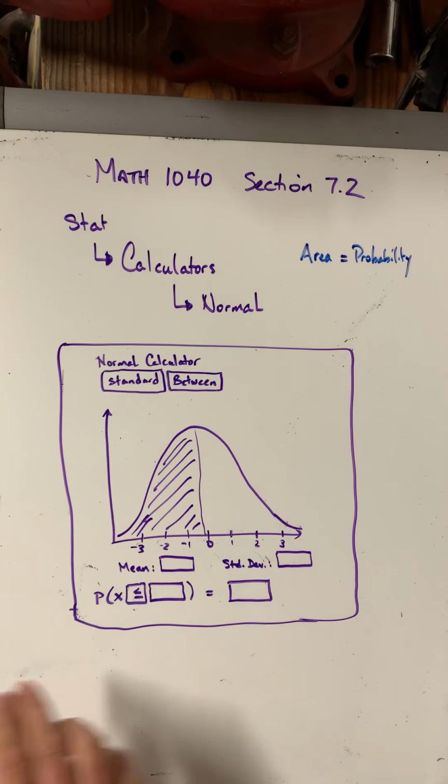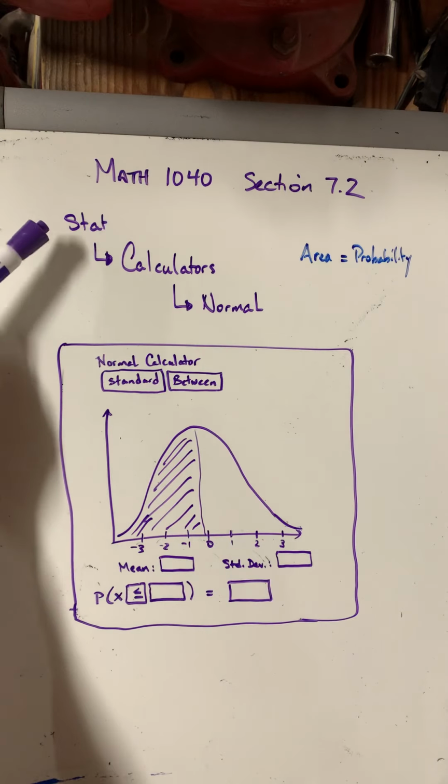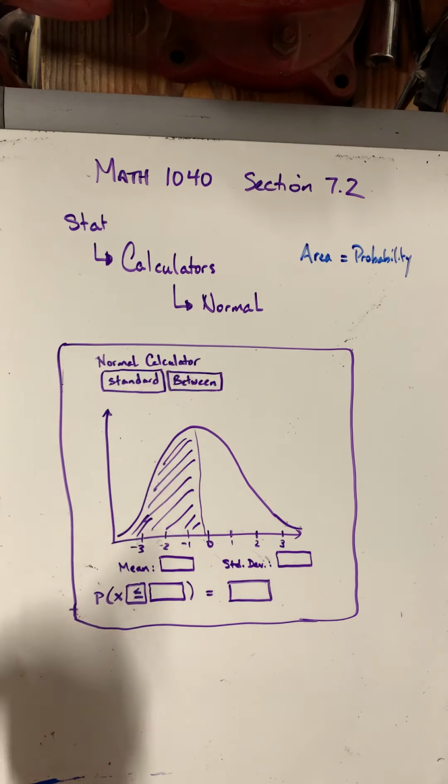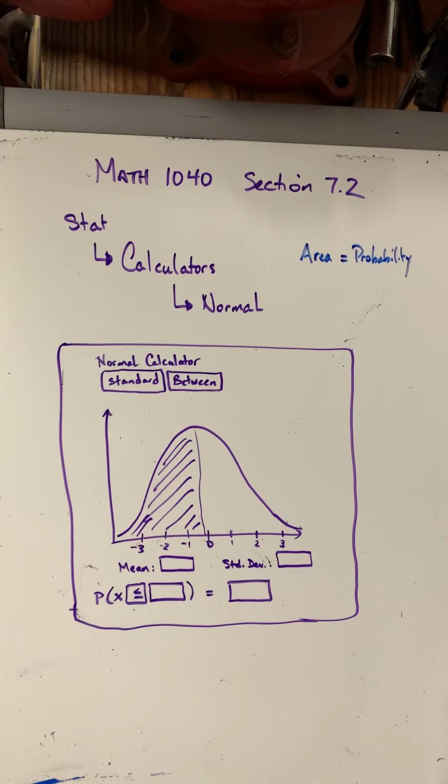Okay, so I've pulled this up. This is from StatCrunch. On every problem in this section, I would encourage you to use StatCrunch and just keep it open and reuse it from one problem to the next. I got there by doing Stat, Calculators, Normal, because all these questions have normal distributions.